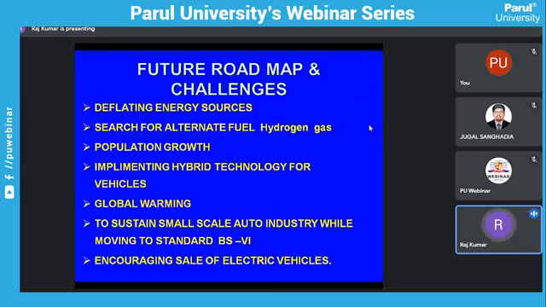We have to implement electric technology. Of course, electric vehicles are in the market. Sales of electric vehicles are increasing.